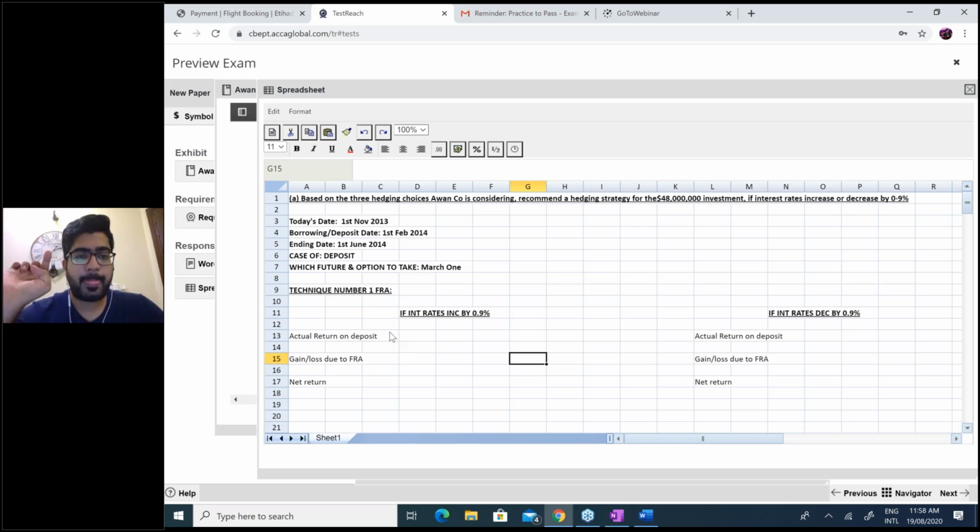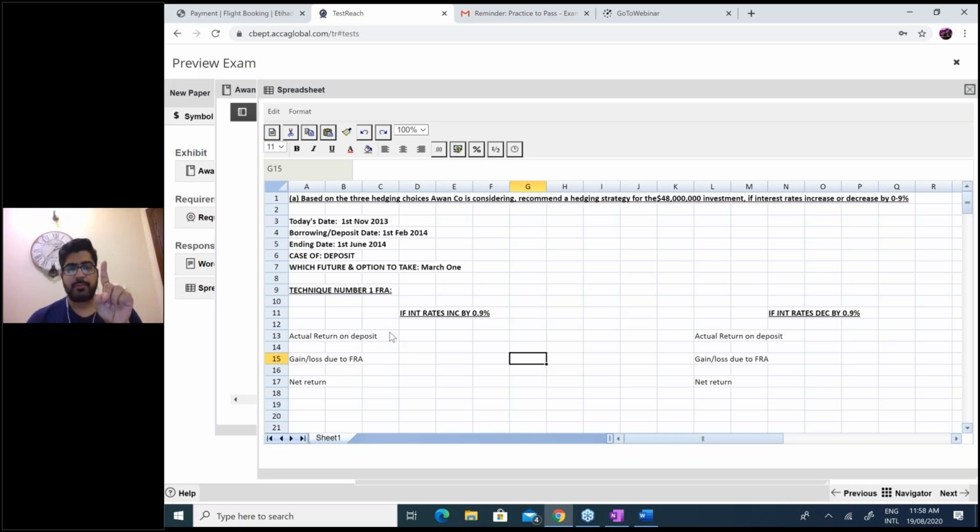See my fingers. When do you plan to borrow or deposit? 1st Feb. You plan to borrow or deposit on 1st Feb till when? 1st June. Today's date is 1st November. Now listen carefully.